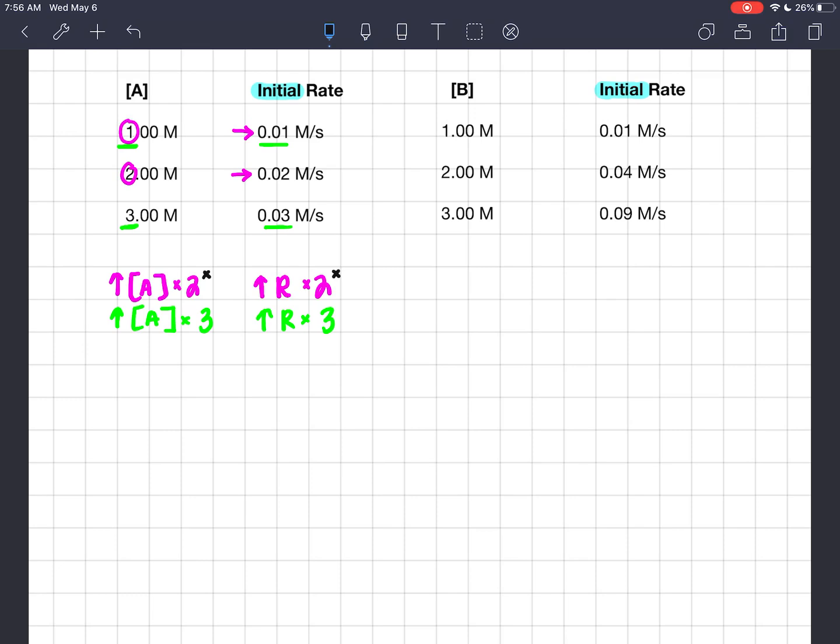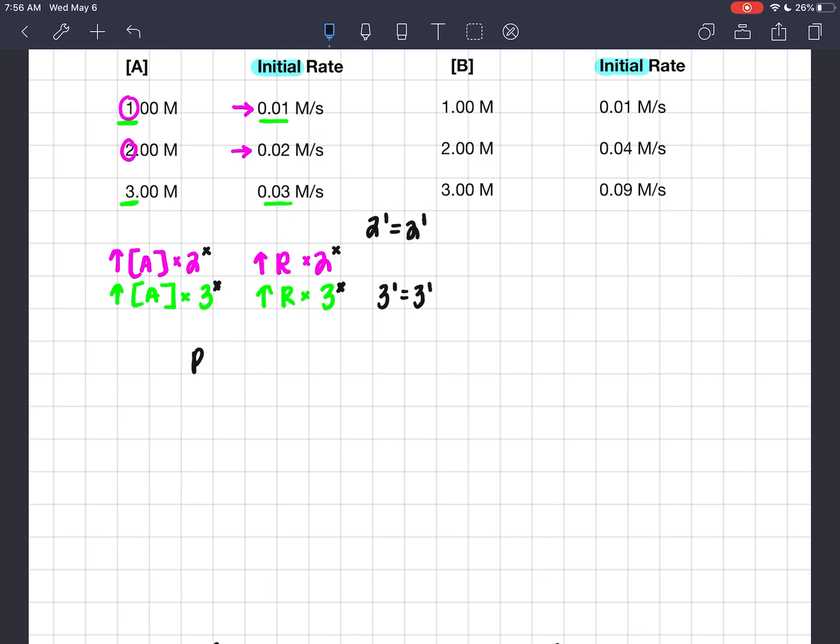So A is being changed by 2 to the first power, and this is equal to 2 to the first power here for our rate. So let's see if that exponent x holds even for the next change. What power does 3 have to be raised to produce this change in r? So 3, if it's raised to the first power, will produce the same change in r. They're both being tripled.